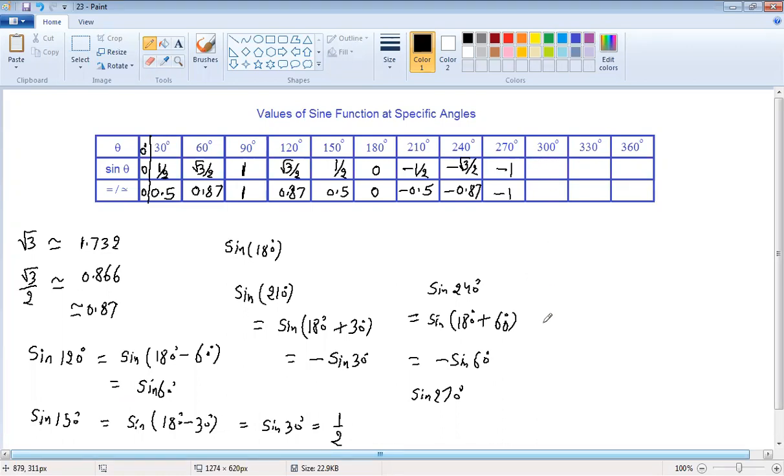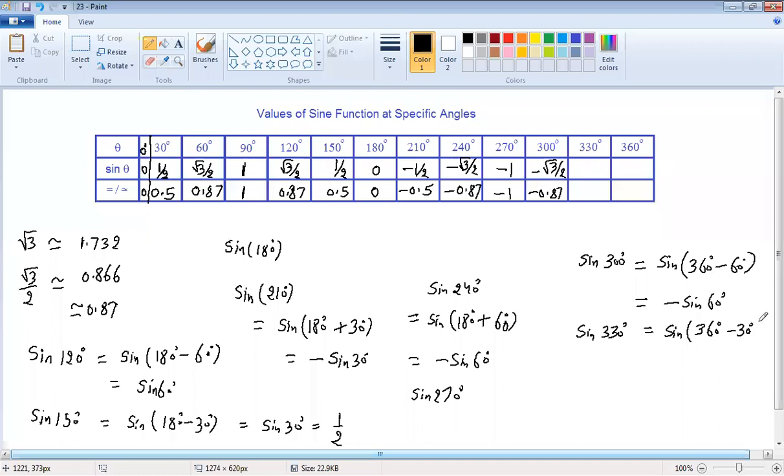Then come to 300 degree. Sine of 300 degree is equal to, we will use the formula we studied today in the morning class, 360 degree minus 60. Sine of 360 minus theta form is minus sine theta. So it is again minus sine 60. So sine 60 is root 3 by 2. It is again minus root 3 by 2. That means minus 0.87. Then sine of 330 degree. This is equal to minus sine of 360 degree minus 30 degree.